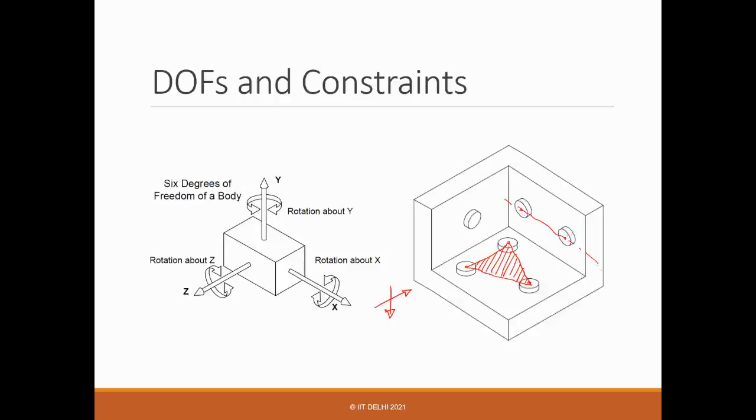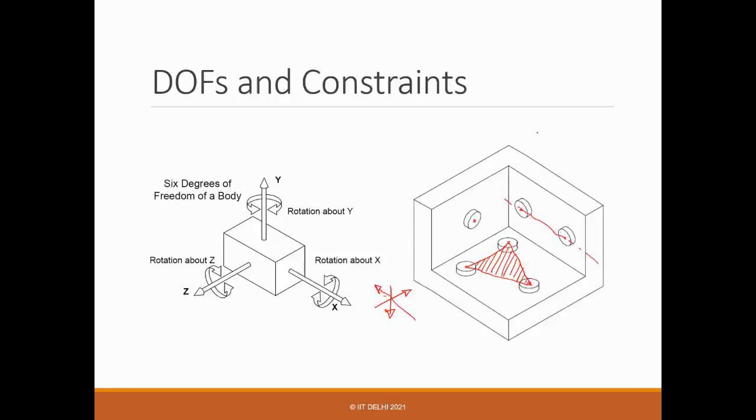Otherwise it will start fighting with the other 3 constraints you have at the bottom. So 3 plus 2, 5 removed. And what is possible? It can still move along this direction. If you move further, it will make contact here and stop.